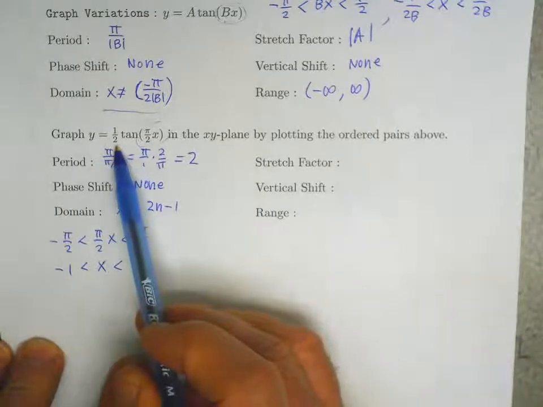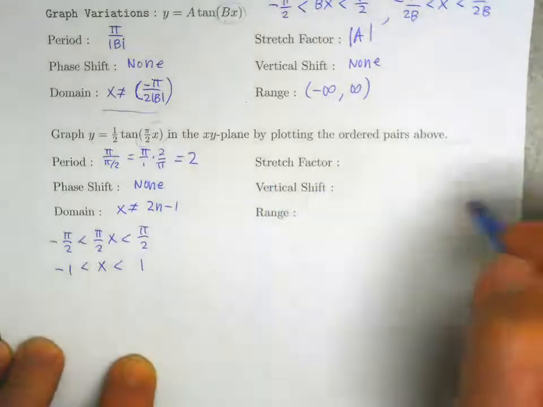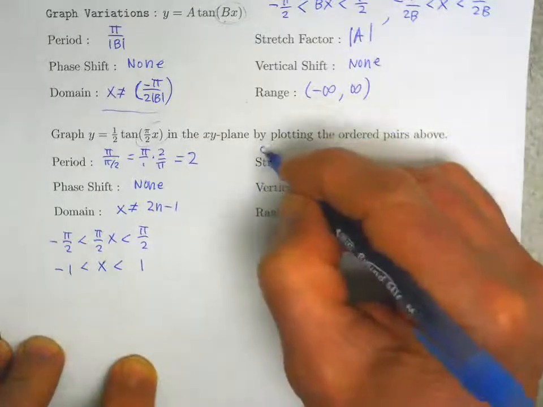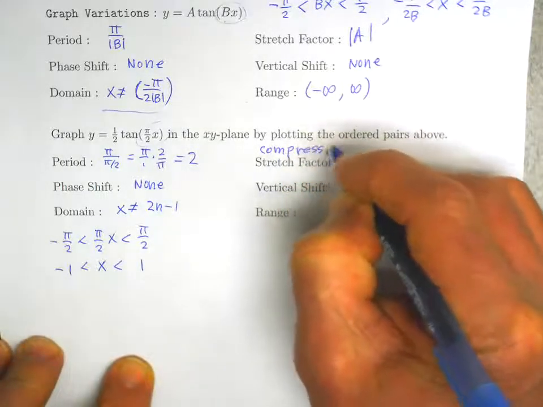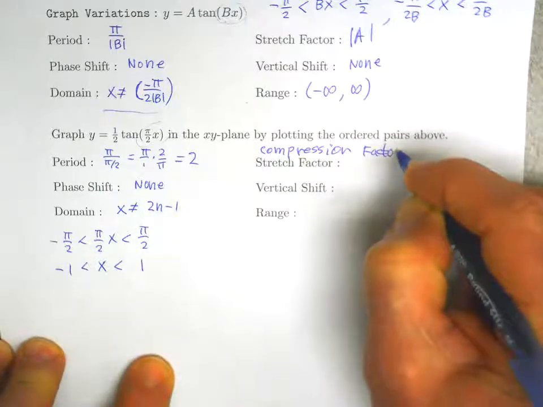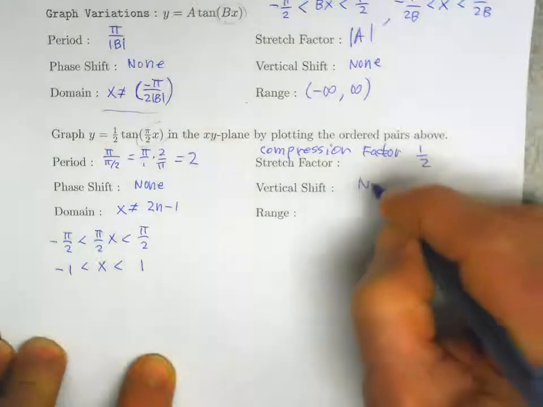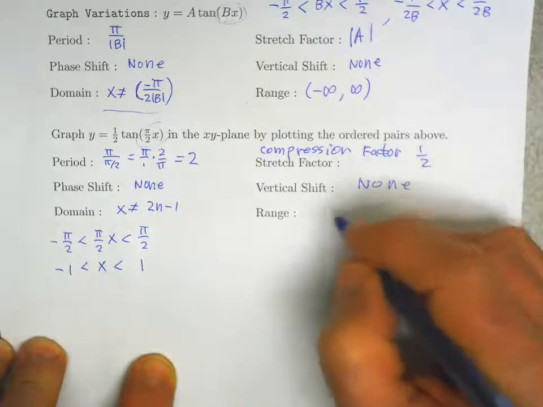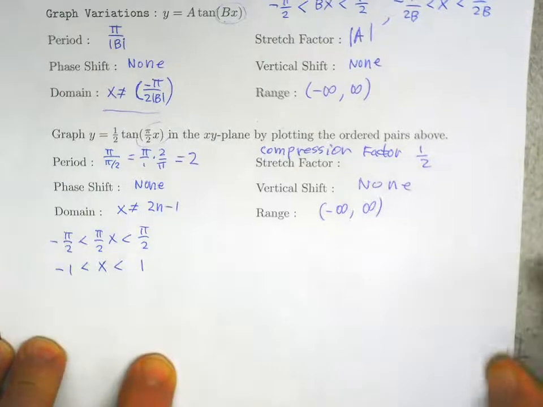The leading coefficient is 1/2, so we don't really have a stretch factor, we have a compression factor. The compression factor is 1/2. We don't have a vertical shift, and the range is negative infinity to positive infinity.